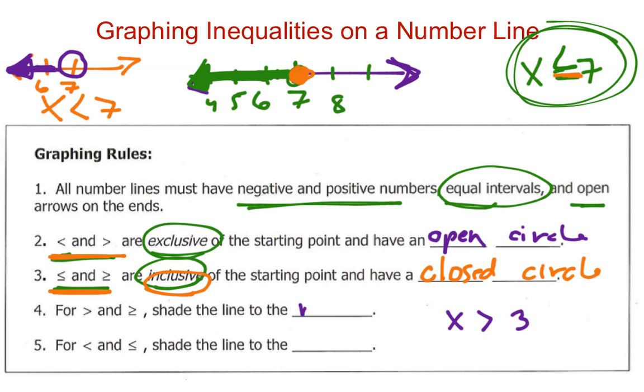And those would be the numbers on the right side from your given value. For things that would be smaller, like x is less than 2, 1, 0, -1, -2, we're counting towards the left on a number line, so we'd want to indicate that towards the left.